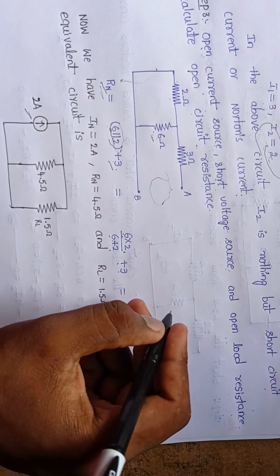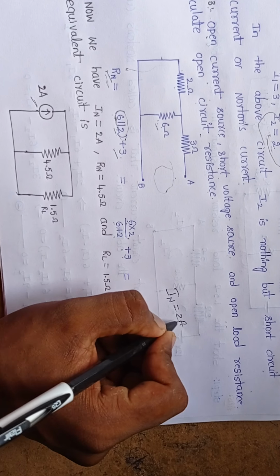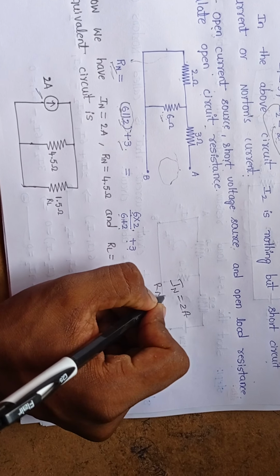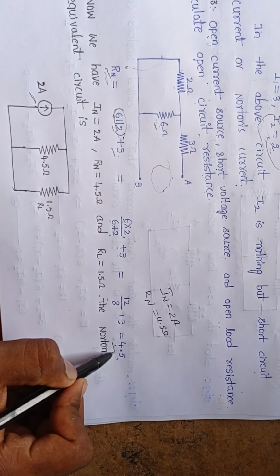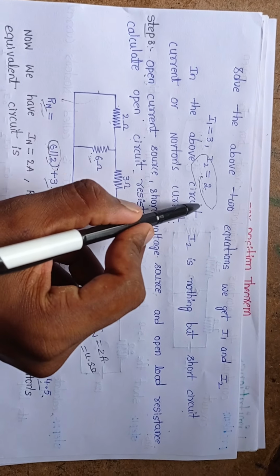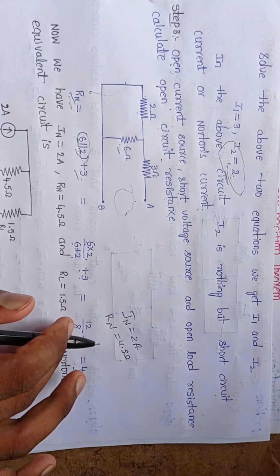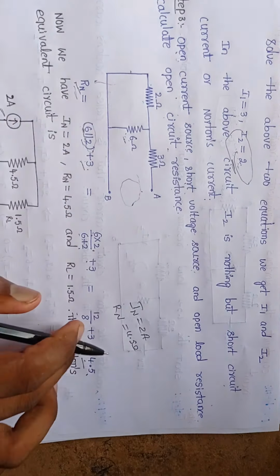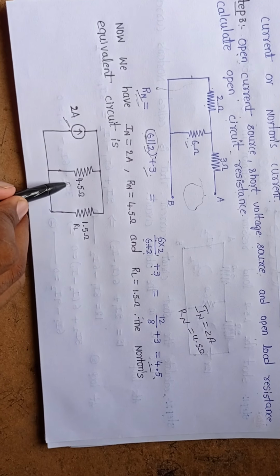Here the Norton's current is IN equal to 2 amperes and Norton's resistance Rn equal to 4.5 ohms. We connected the Norton's current source and Norton's resistor in parallel, 2 amperes and 4.5.